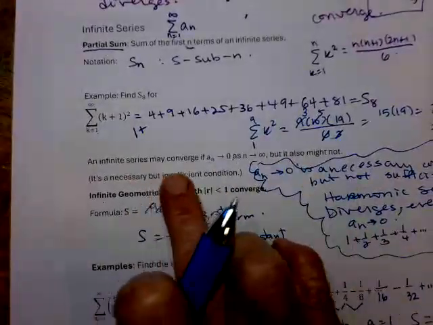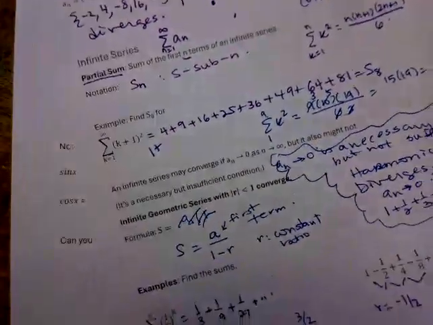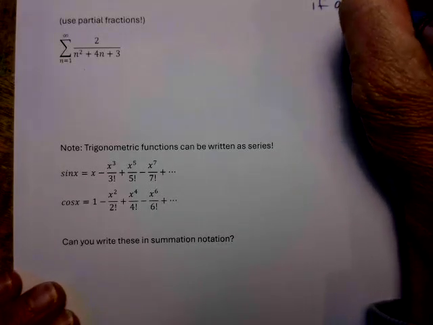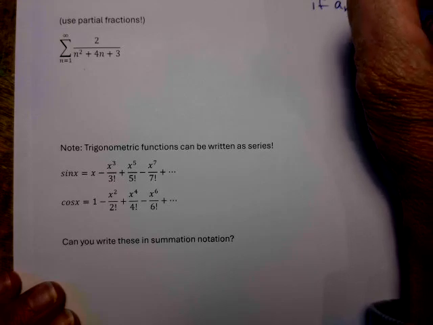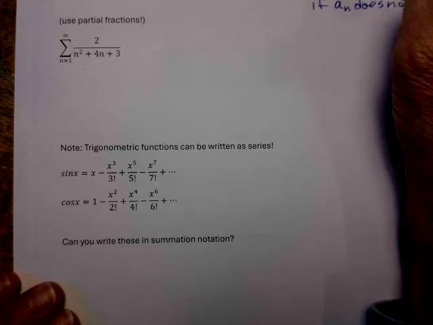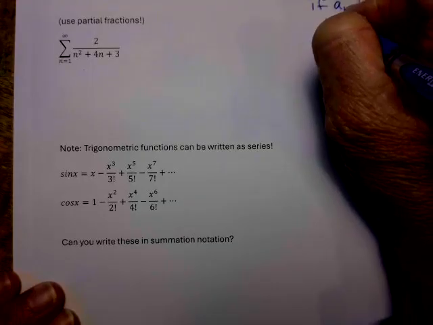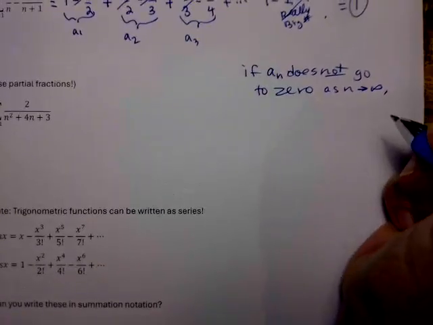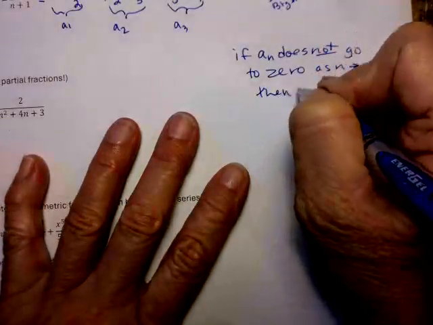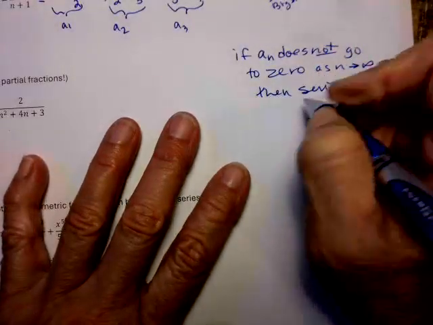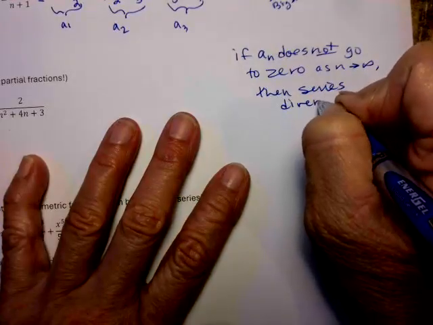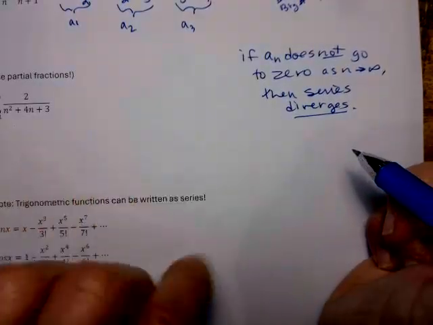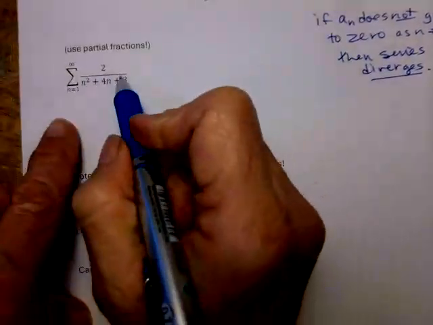An infinite series: if a sub n does not go to 0 as n gets big, then the series definitely diverges. Okay, back to this guy here.